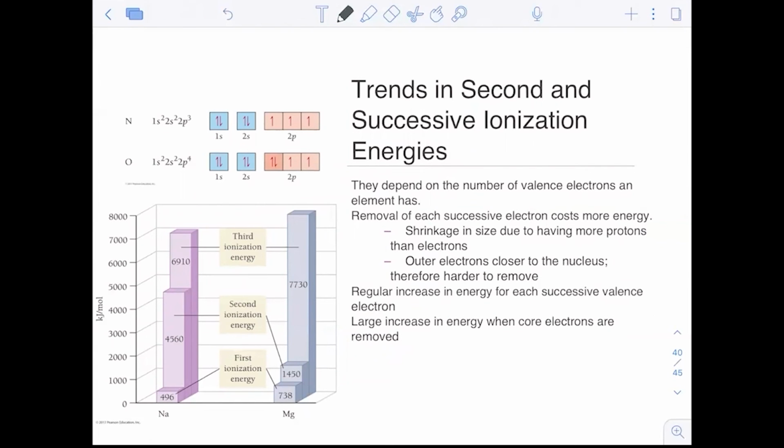Now, trends in succession, the second and third and fourth ionization energies. It depends on the number of valence electrons. So pull out here nitrogen versus oxygen. Nitrogen has its valence right here, 5 electrons. Oxygen has 6 electrons.